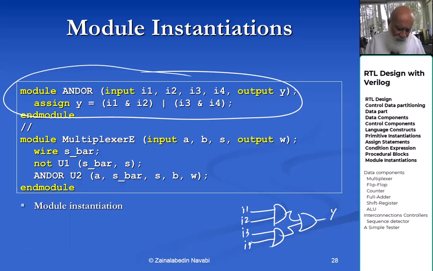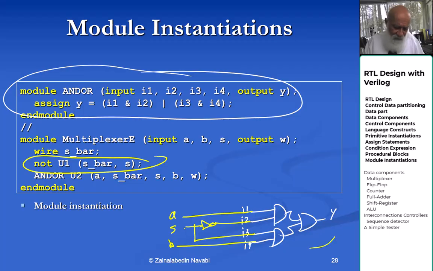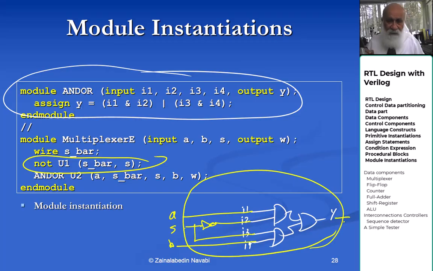Well, this becomes the A input, and then I have an S input that gets complemented, connects to I2, and the S input connects to I3, and the B input connects to I4. Together, the white stuff and this yellow stuff, this inverter over here, build my multiplexer, and therefore this is the multiplexer with output W.